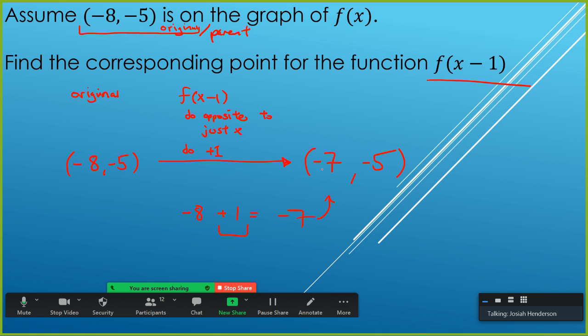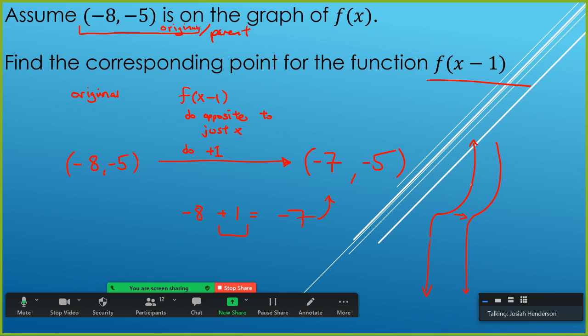And notice that the negative 5 is still negative 5 because whatever f of x looks like, we know the whole thing just shifted plus 1. So maybe we had one of these. Who knows what the f of x actually looks like here? Maybe it's this, and then the whole thing just went over 1 for the translation.